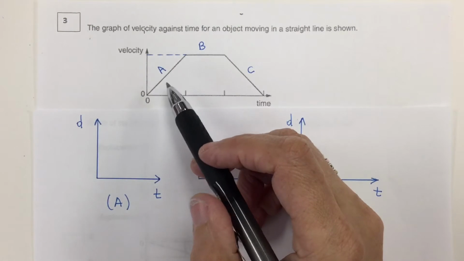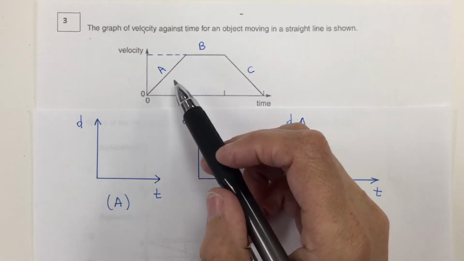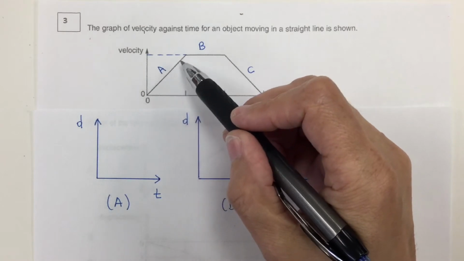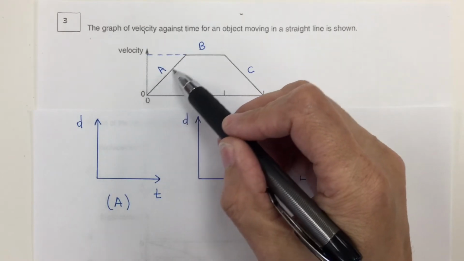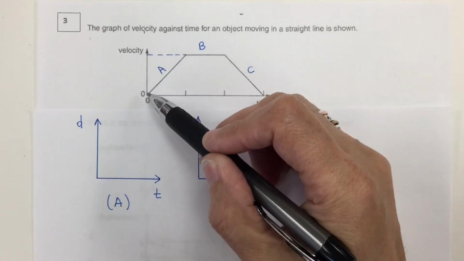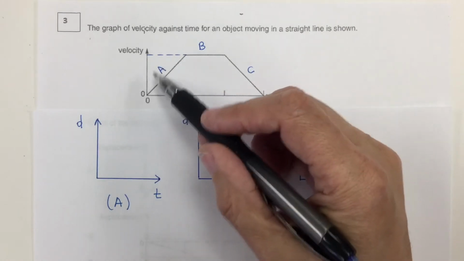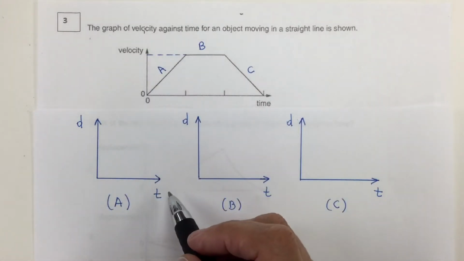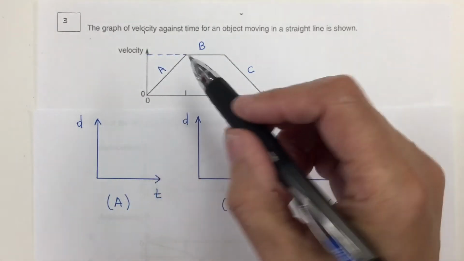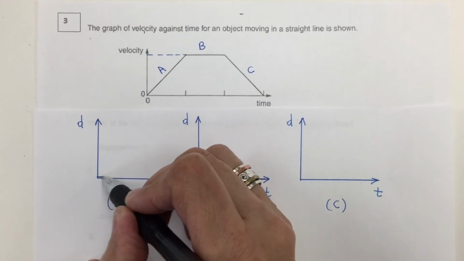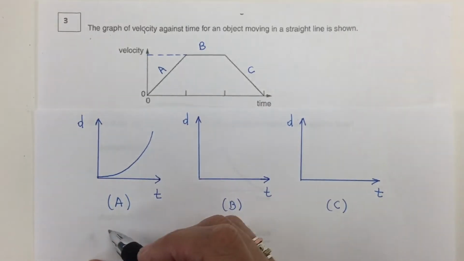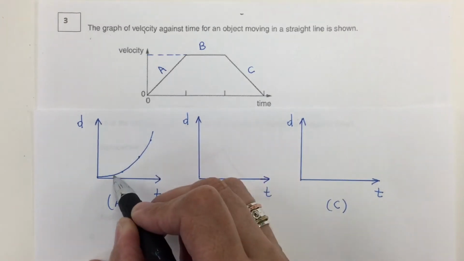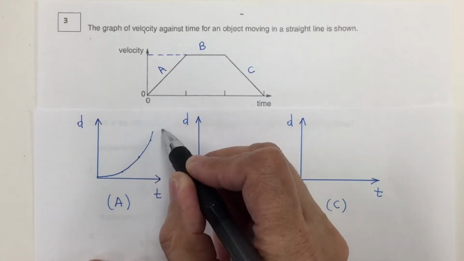Section A indicates the object is moving at constant acceleration because it's a straight line, and the velocity is increasing. So the distance time graph expected for this section should be something like this, which means that the slope of this graph is increasing.